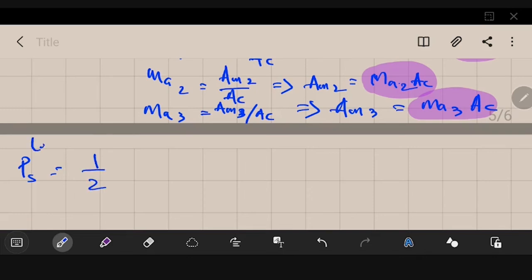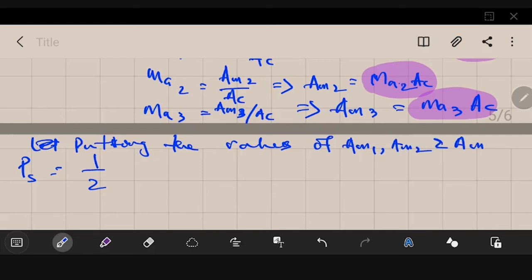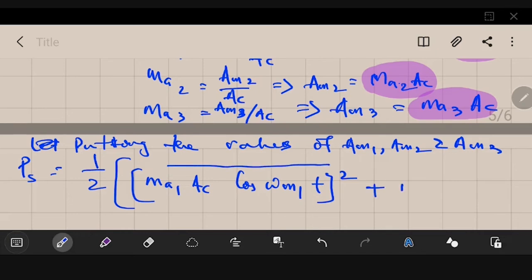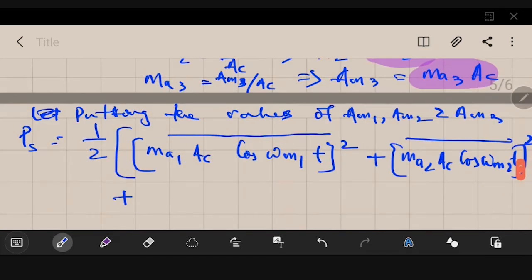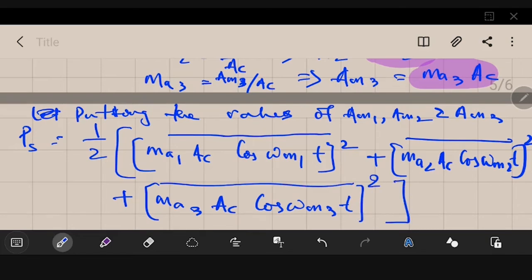Putting the values of your AM1, AM2, and AM3, we will get half of MA1 AC cos omega M1 T, the mean square value of this, plus MA2 AC cos omega M2 T, the mean square value of this, plus MA3 AC cos omega M3 T, the mean square value of this term also. They will be inside a bracket.